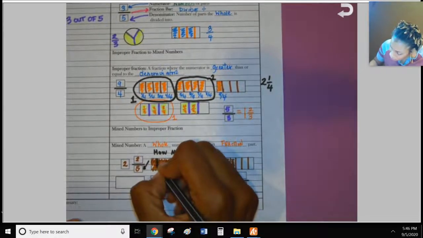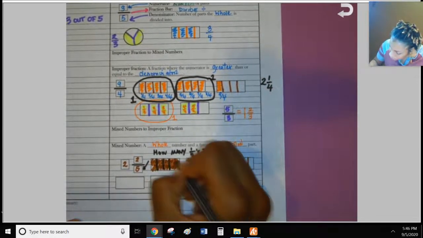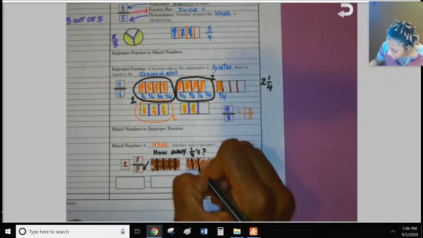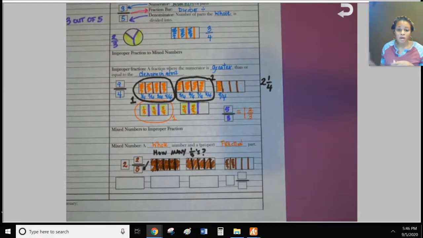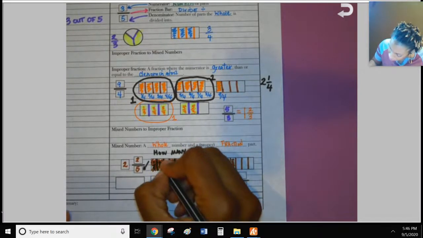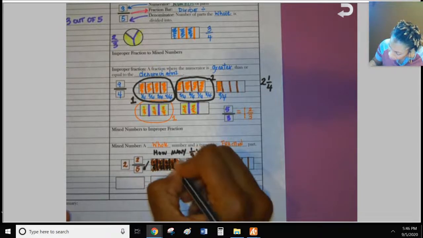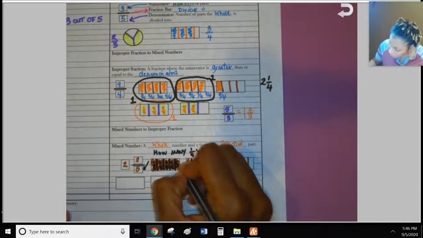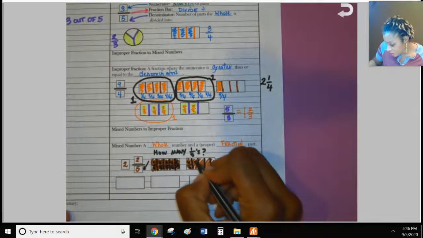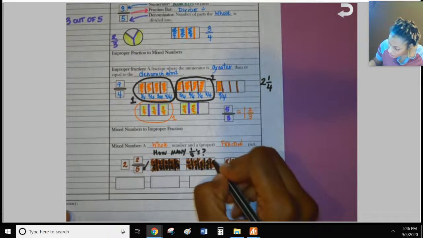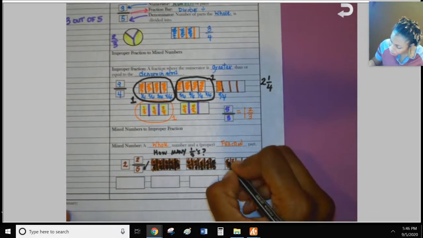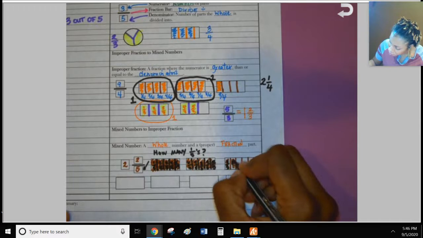So I'm going to break this into fifths. So now all of them are broken into fifths. How many fifths are there? We have 1/5, 2/5, 3/5, 4/5, 5/5, 6/5, 7/5, 8/5, 9/5, 10/5, 11/5, 12/5.